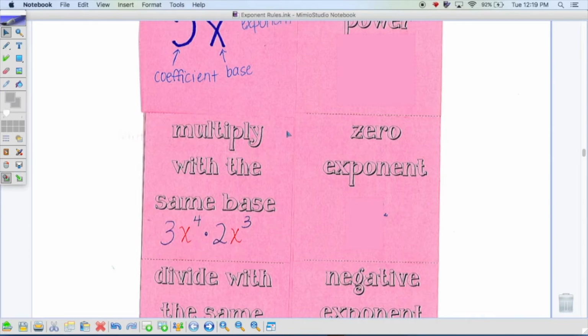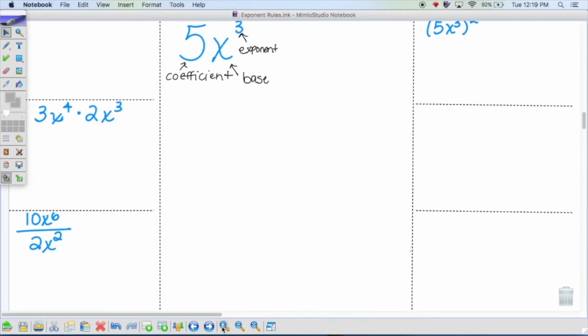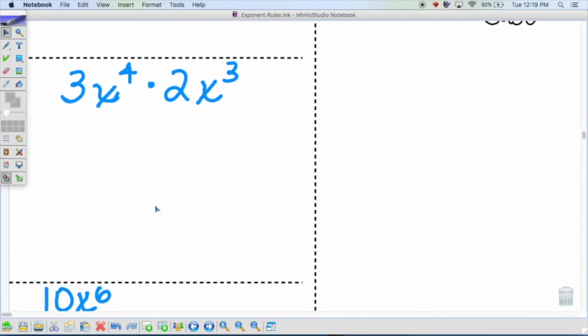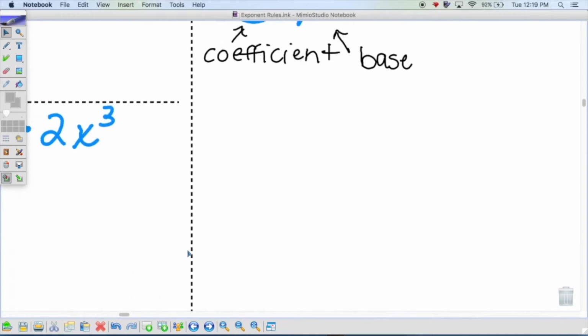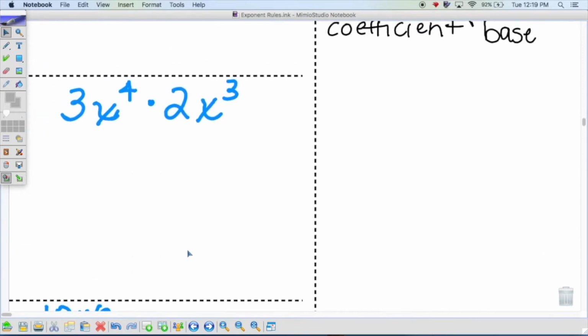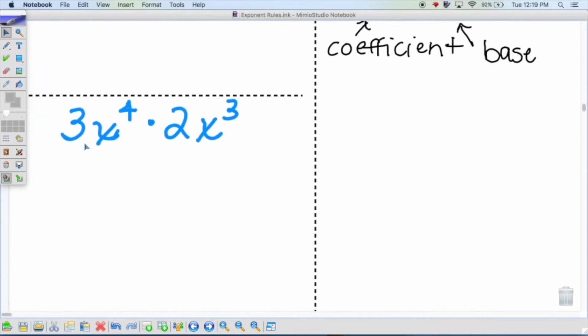Okay, I want you to fold open this tab that says multiply with the same base. And so on the outside or the inside cover over here, if you will, copy down that example again. This is multiplying with the same base. Okay, so 3x to the 4th times 2x to the 3rd power. Let's see what happens when I multiply these.